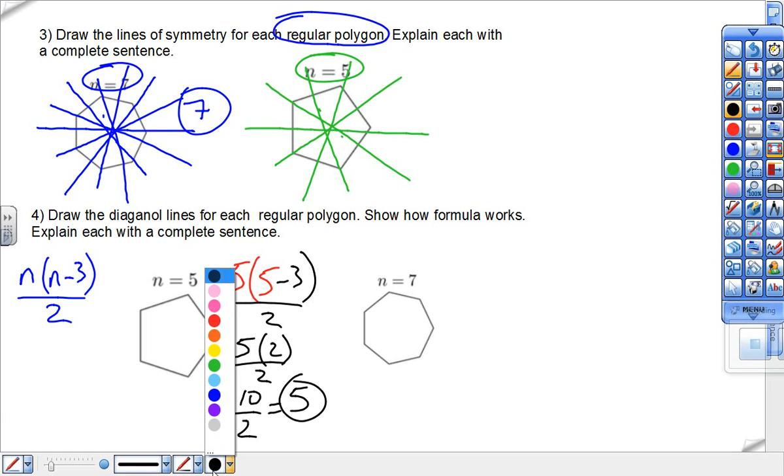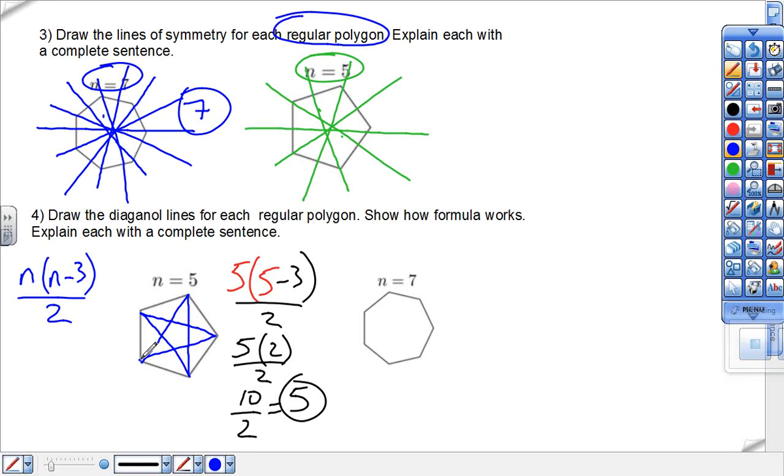Pentagon is the only regular polygon that has the number of diagonals the same as the number of lines of symmetry. So let me try to draw them. There's one diagonal, two diagonals, three diagonals, four diagonals, five. From corner to corner, not including one of the edges.